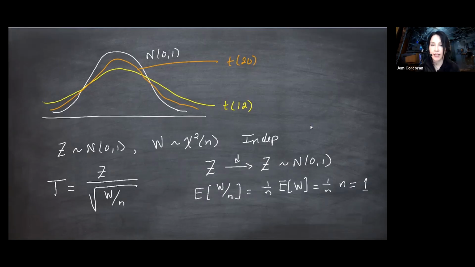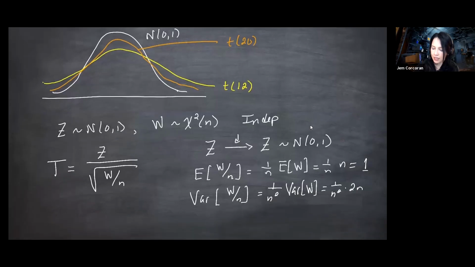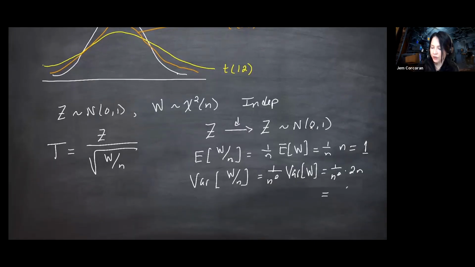So this expectation is 1, and the variance of W over n is 1 over n squared times the variance of W, and the variance for chi-squared is 2 times its degrees of freedom. So this is 2 over n, and that goes to 0 as n goes to infinity.